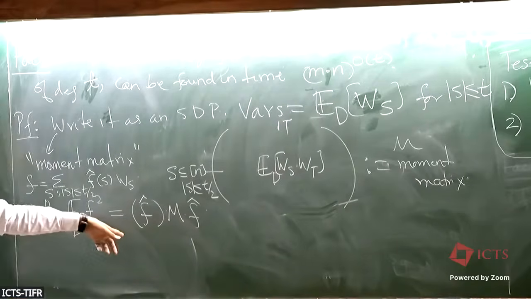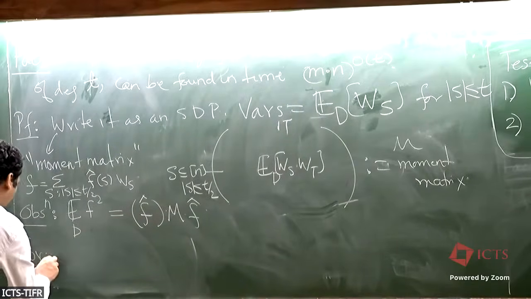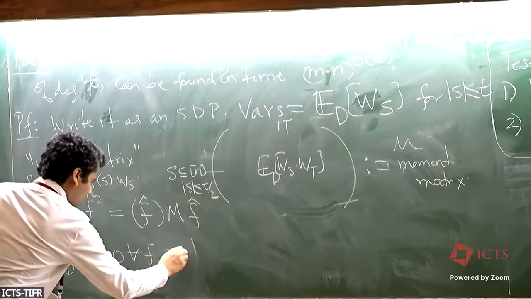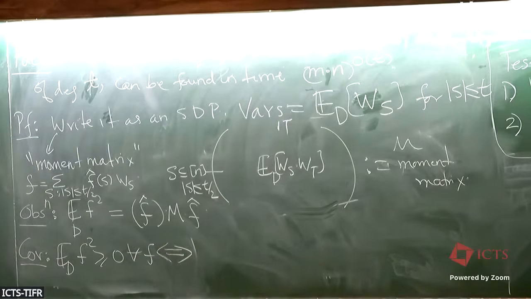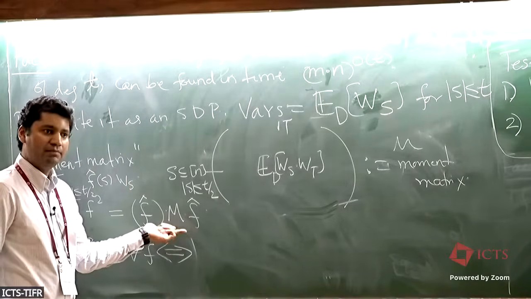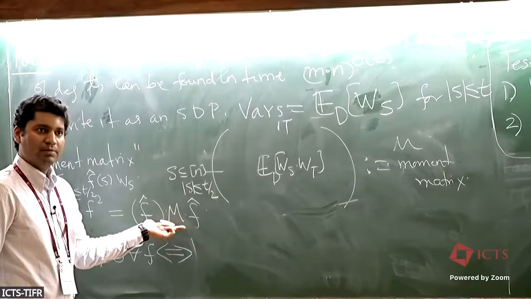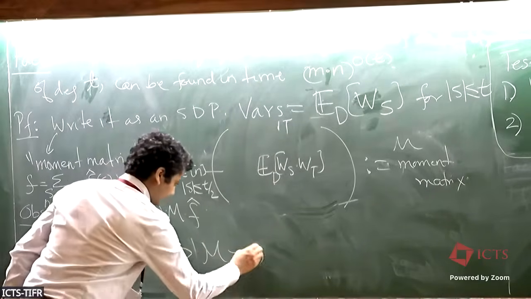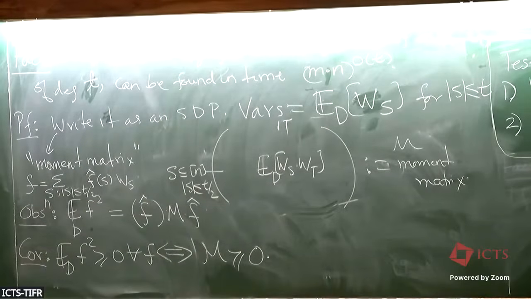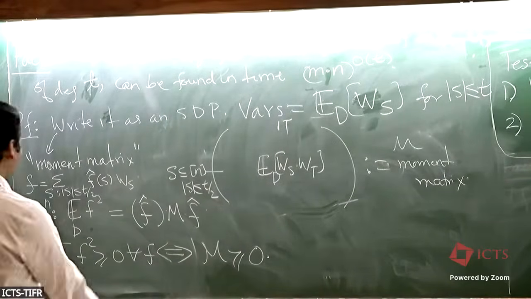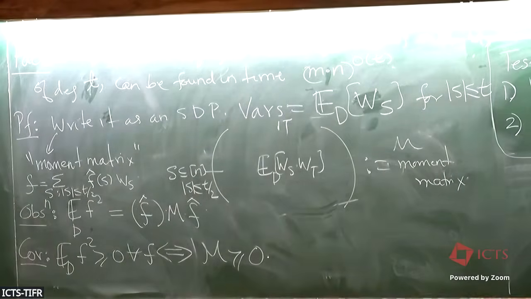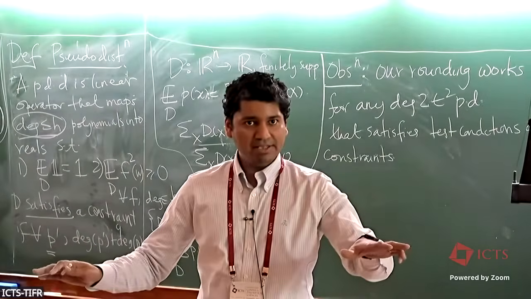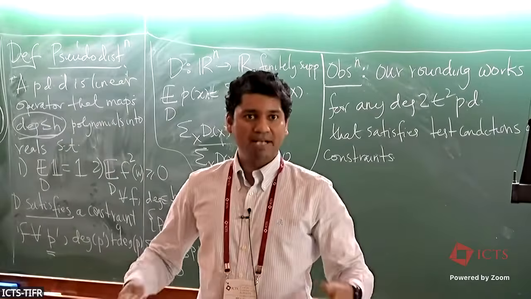Why does this help? This helps because the non-negativity of all squares holds if and only if all the quadratic forms of M are non-negative, which happens if and only if M is positive semi-definite. So all I've done here is observe that this condition, that the expectation of squares is non-negative, is equivalent to taking these numbers that describe the pseudo distribution, putting them in a matrix, and confirming that this matrix is positive semi-definite.